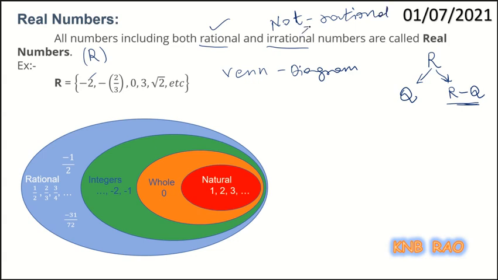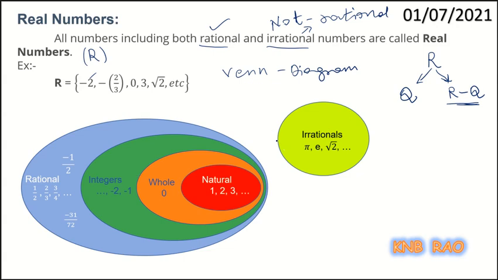So, irrational is nothing but not rational. So, none of this rational number will be a part of this irrational number set. So, I am showing it as a separate set of numbers in a separate place. This is irrational numbers. No commonality between rationals and irrationals.